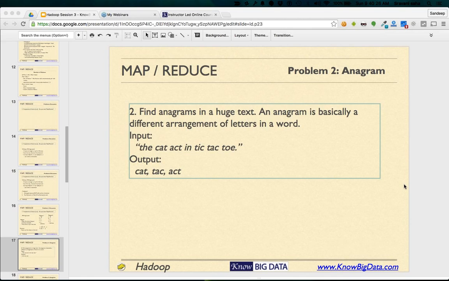Yes? What will be the key and what will be the value? What is that word that is going to be the key? Murukesh?